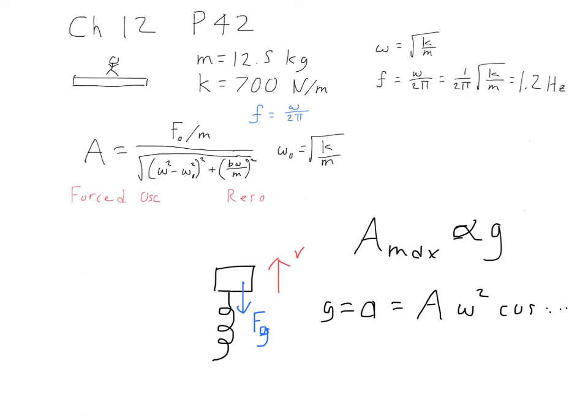So this is basically our limiting case. We see that at some point the amplitude becomes large enough that these accelerations become the same, and beyond that of course we actually lose contact.